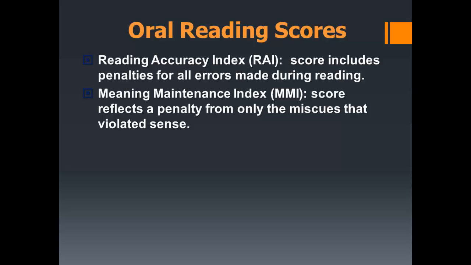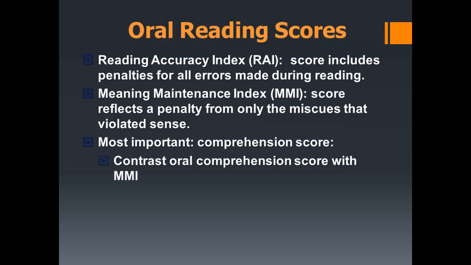So MMI can never be lower than RAI. Okay? So, what's the most important thing here? Comprehension scores. Why? What you want to do is contrast the oral comprehension score with MMI.